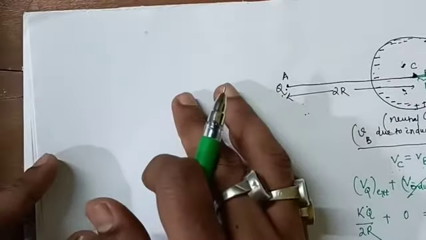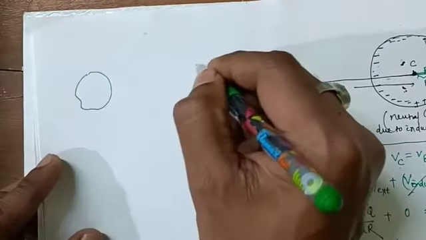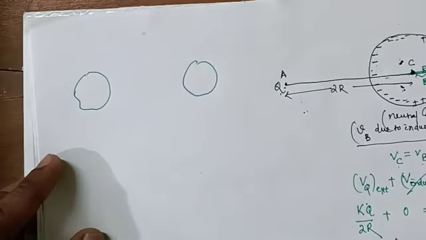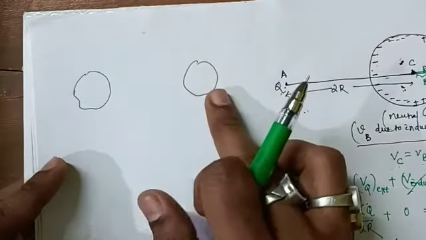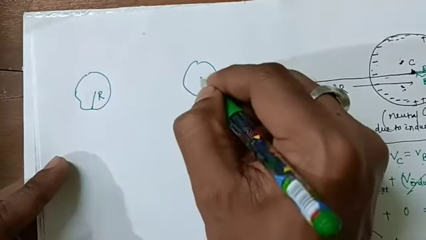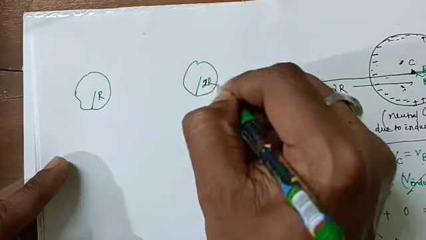The second most important concept: suppose this is a new conductor and this is also a spherical conductor. These are two spherical conductors. This one has radius r, and suppose this radius is 2r. Anything you can prefer like this.